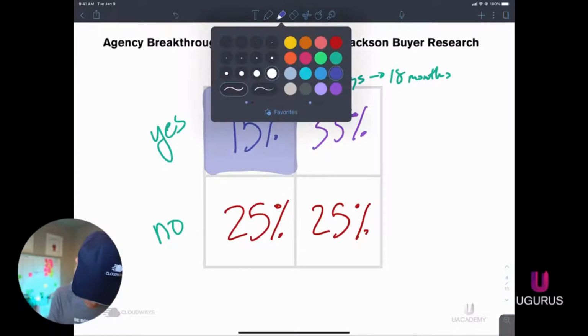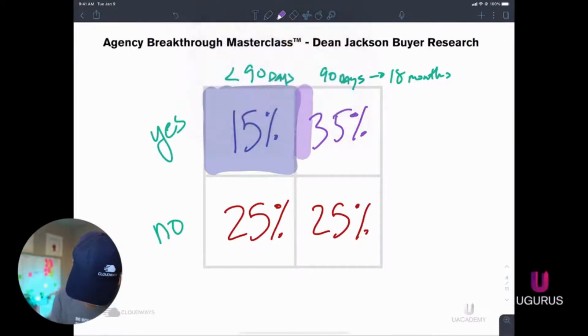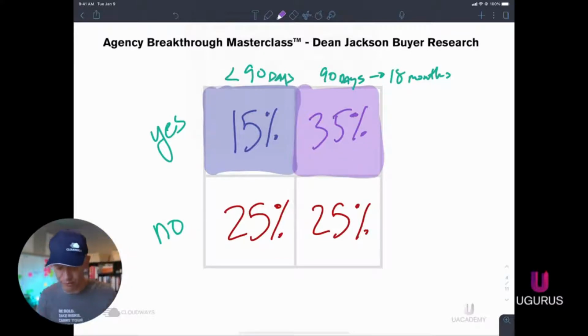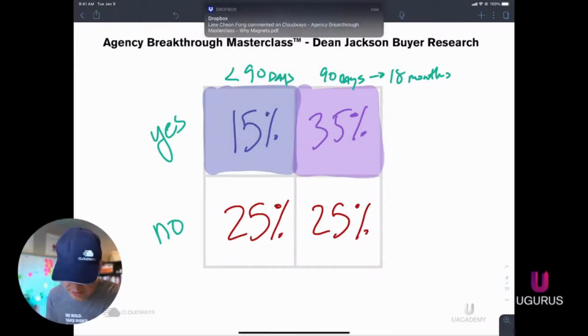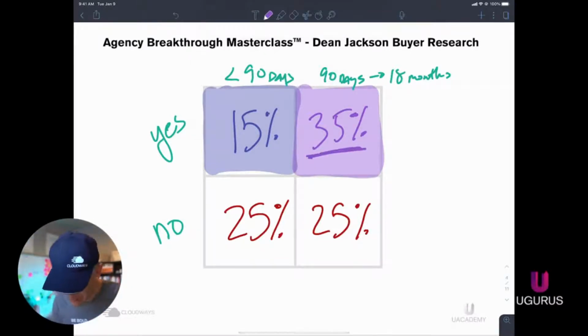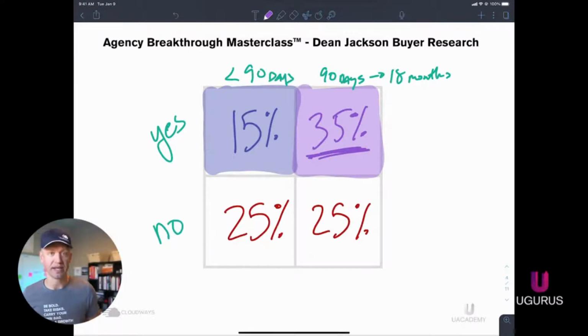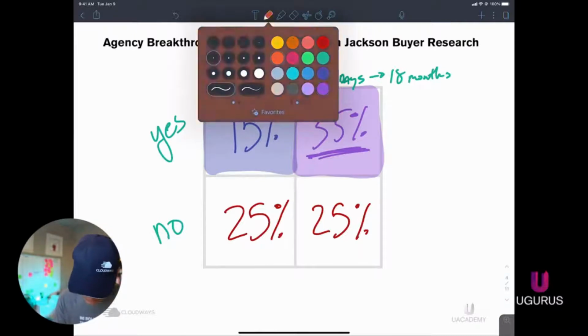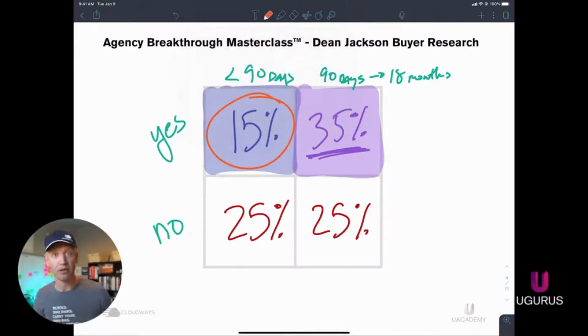But the group of people that took more time, they just needed more time, maybe they needed more information, more education. This is where the money is. The money is in the follow-up, right? And when I learned this concept, we had great sales processes that followed up with these people, and I had no list nurture strategy.